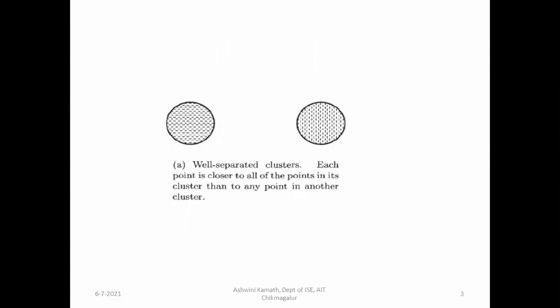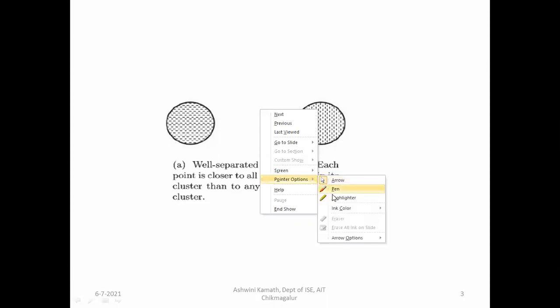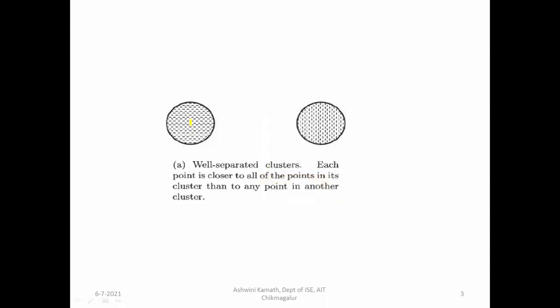So you can see this figure, figure 8.2a. Well-separated clusters. Each point is closer to all the points in its cluster than to any point in another cluster. As you can see here, I can consider any point within this cluster, and that will be close to the other points in this cluster.